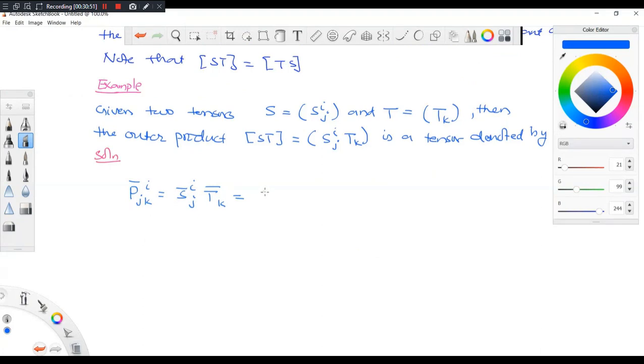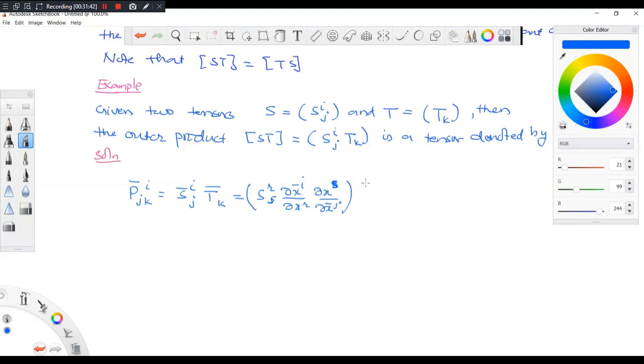S bar ij equals S_RS into del x bar i by del x R, del x S by del x bar j. This is the first one.